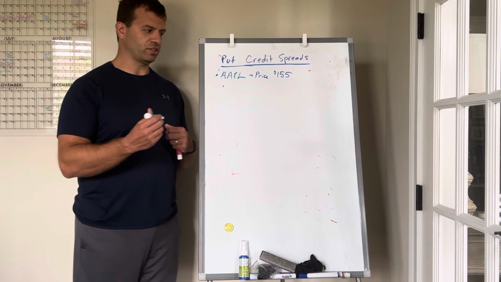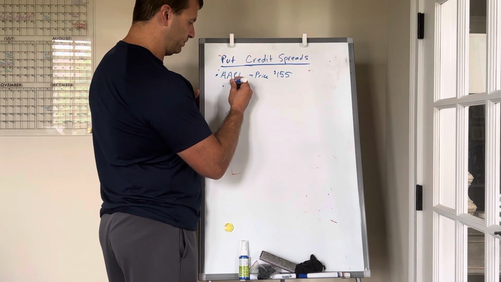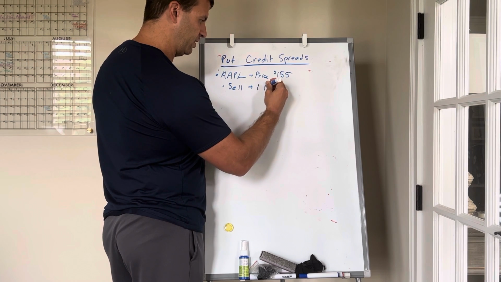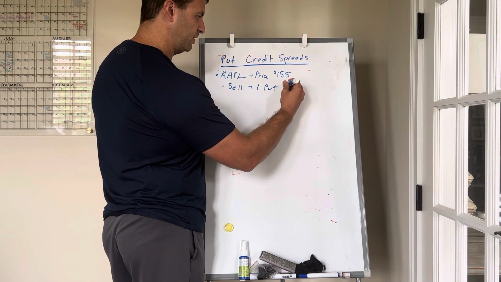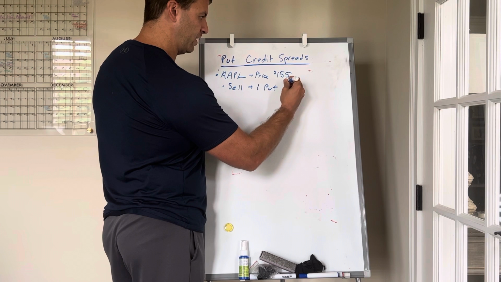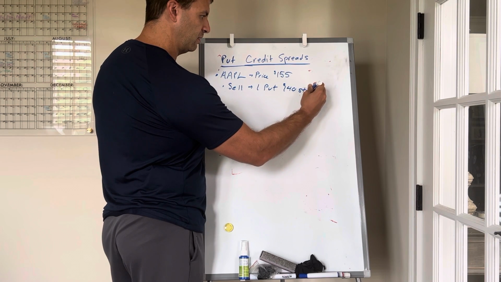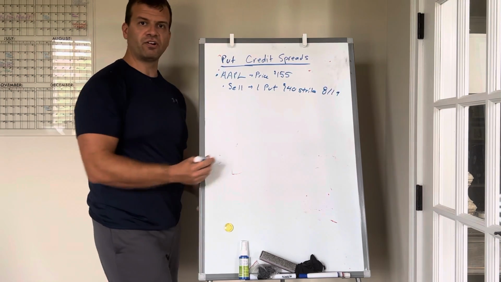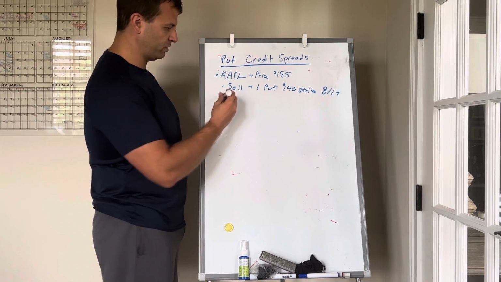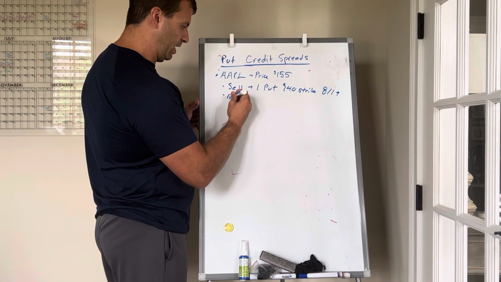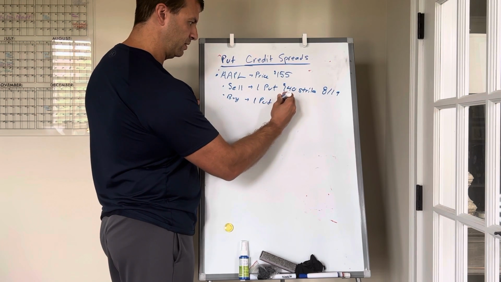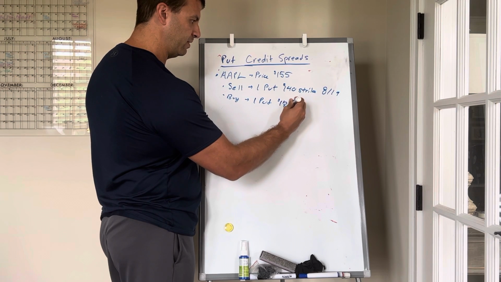So here's how this works: you will sell one put with a $140 strike. And we're gonna say it expires on August 19th. We'll just pretend. And then we're gonna buy one put, 135 strike.